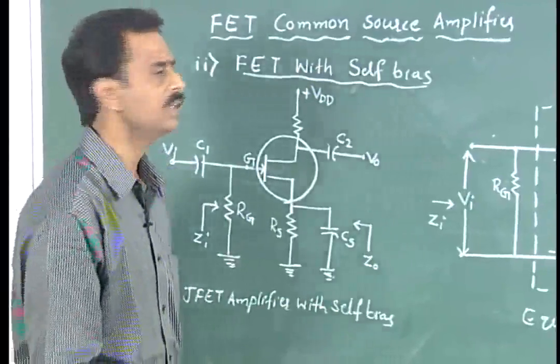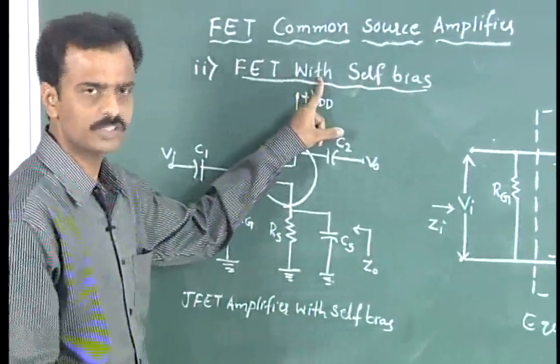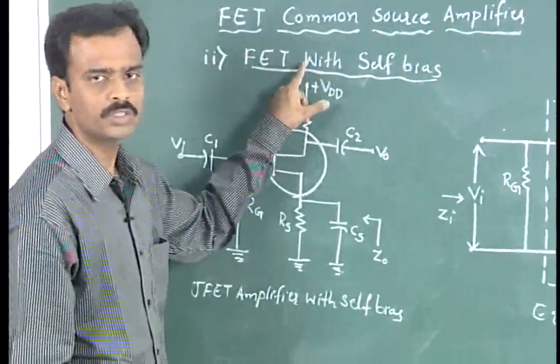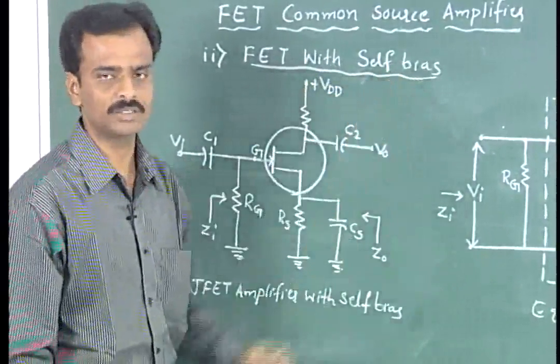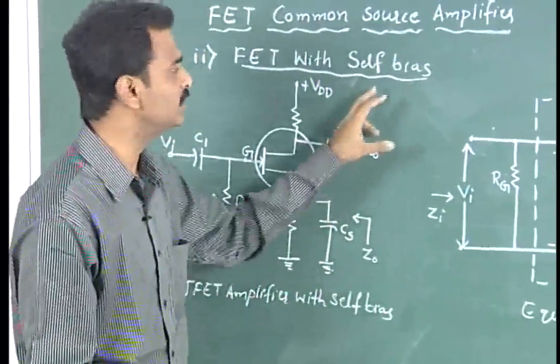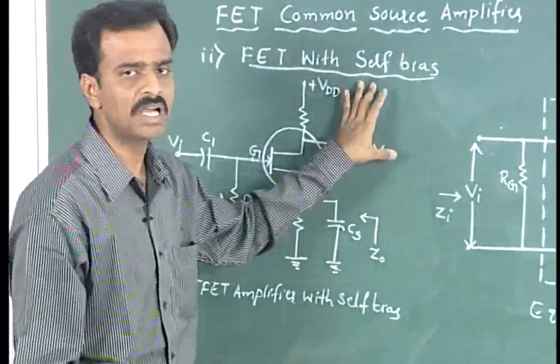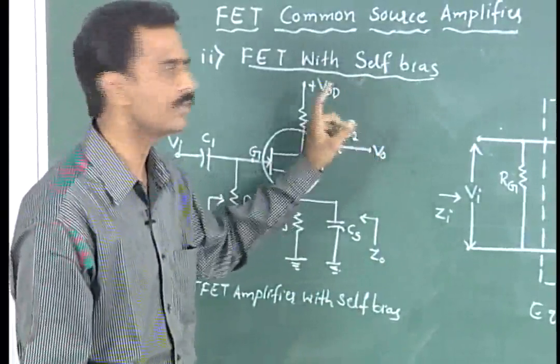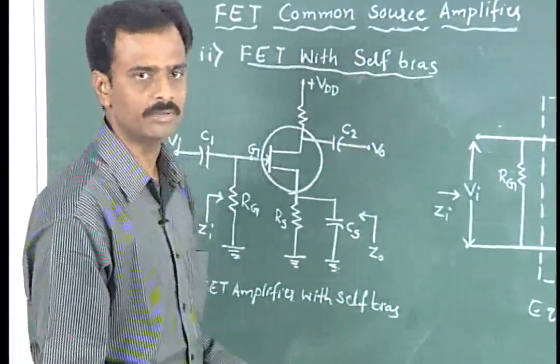As we have seen in the earlier case, the FET with fixed bias. Now we are going to discuss the FET with self bias. What is the difference between the earlier biasing and this biasing technique? This is the second biasing technique we are going to discuss for common source amplifiers.